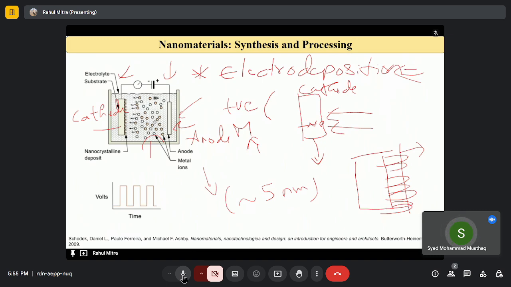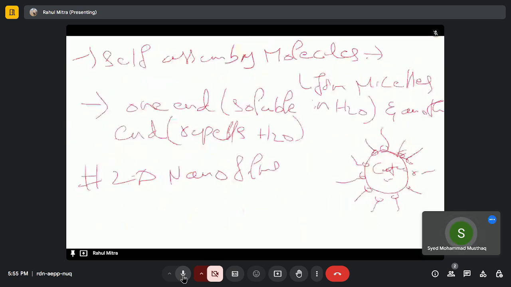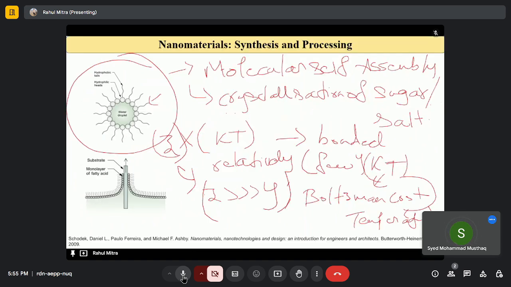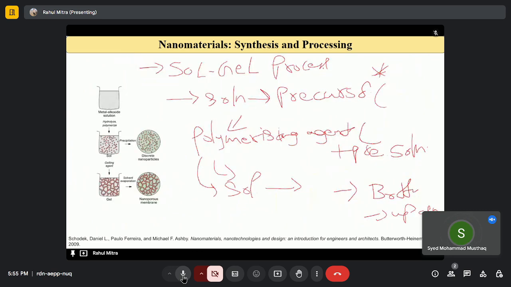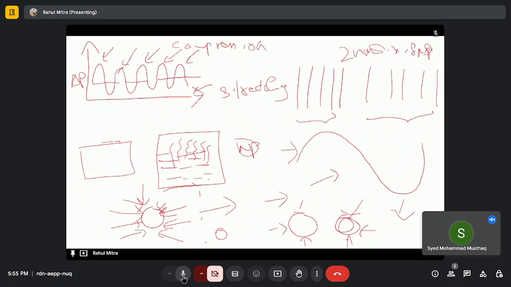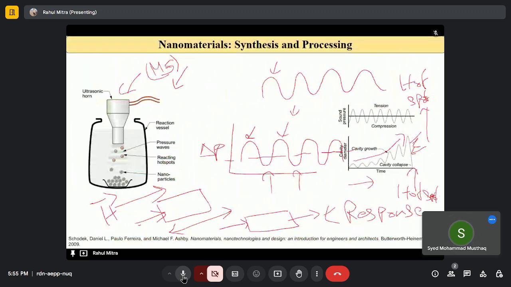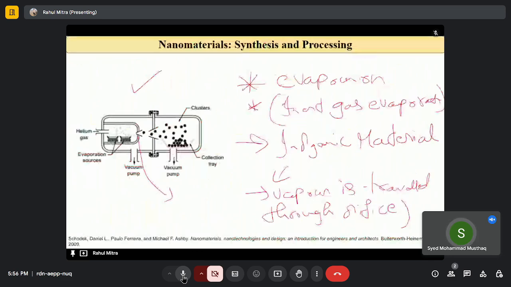Electrodeposition, which is again a 2D nanofilm synthesis process. Lamellar Langmuir-Blodgett, which creates a monolayer of fatty acids, and self-molecular assembly in 2D, and the sol-gel process which again creates 2D nanomaterials, and the sonochemical process which creates nanoparticles. I have inert gas condensation, inert gas extraction.